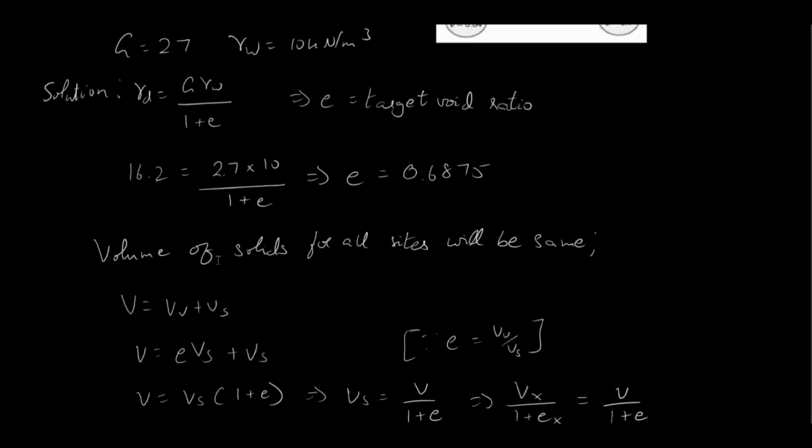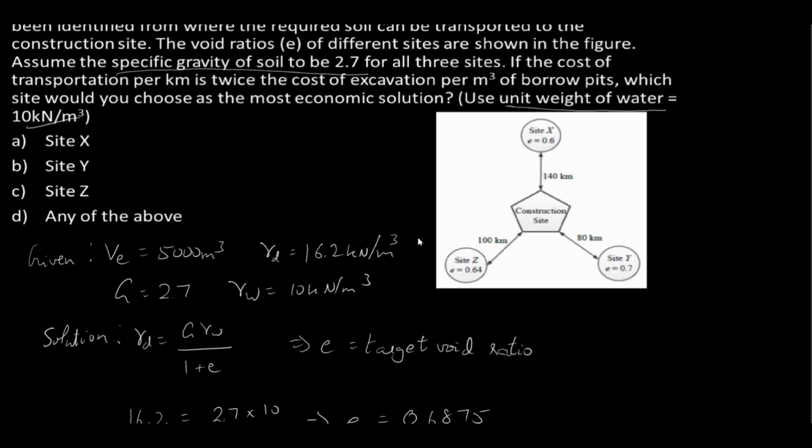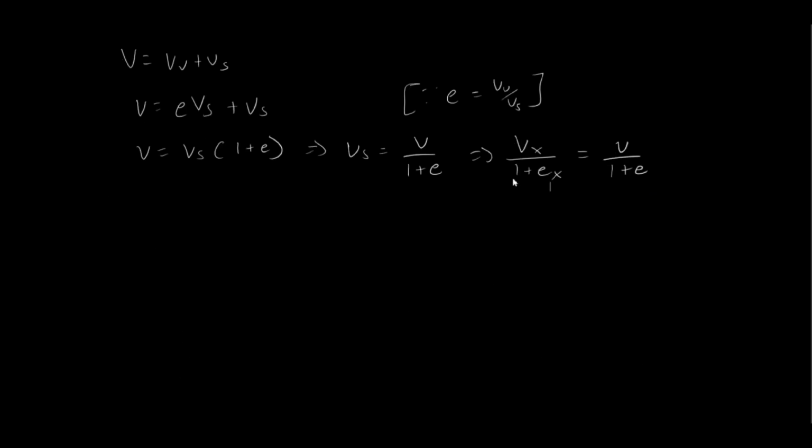So right now, how much is Vx, we'll see. We have to calculate the Vx, and ex will be 0.6. So Vx by 1 plus 0.6 is equal to target volume, which is 5000 divided by 1 plus, we'll be taking 0.6875 as 0.69, just an approximation, no issues with that.